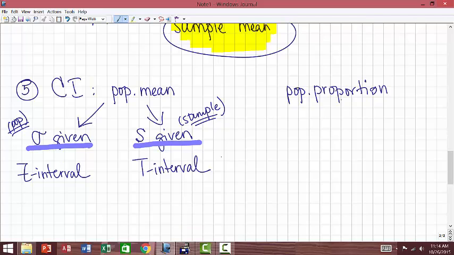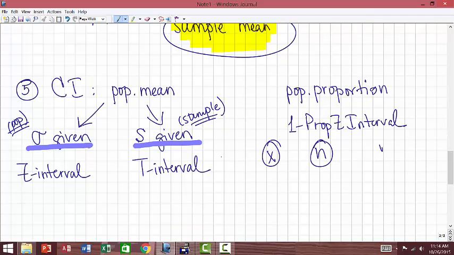If you are given population proportion, then there is only one command here: 1 proportion Z interval. What do you need to know? You need to know X, the number of people that fall into a specific category, and N, the sample size. Of course, you need to know the confidence level.